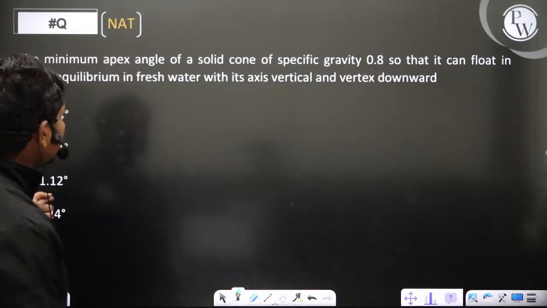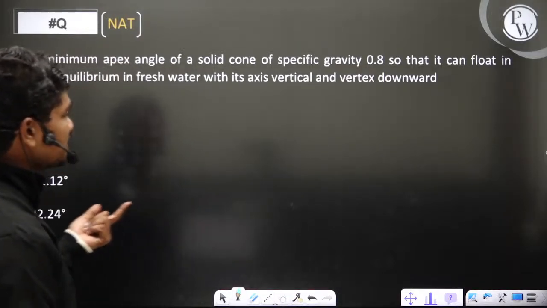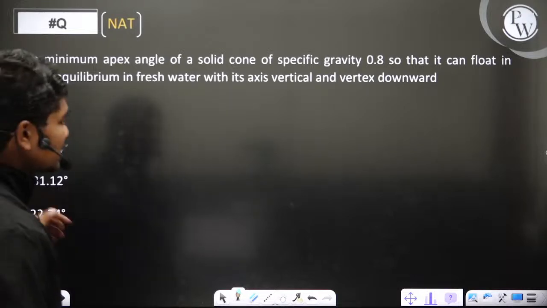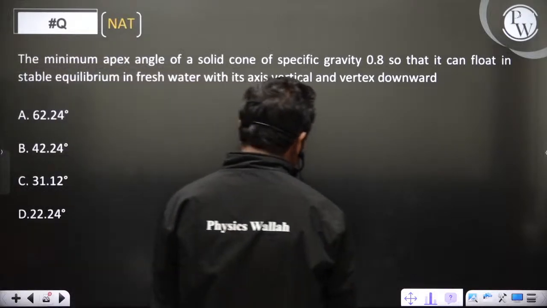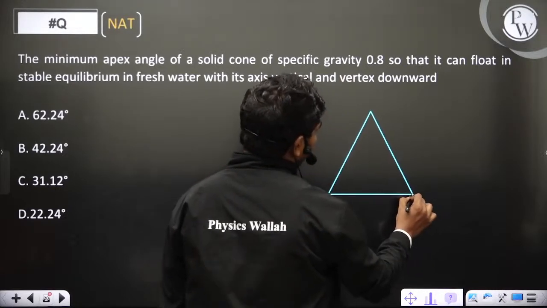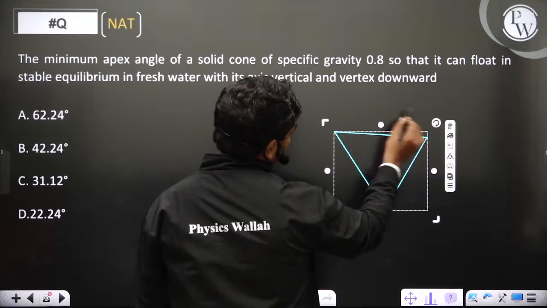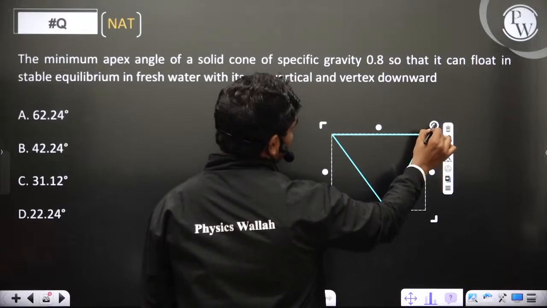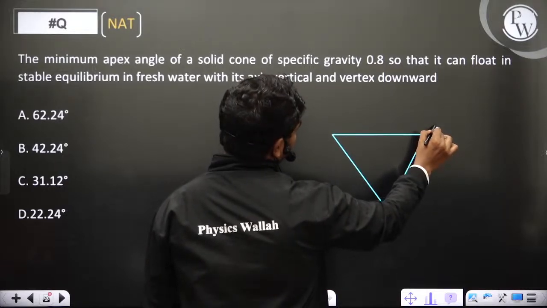Now let us see the minimum apex angle of a solid cone of specific gravity 0.8, so that it can float in stable equilibrium in water. Let us suppose there is a cone with its axis vertical and vertex downward.